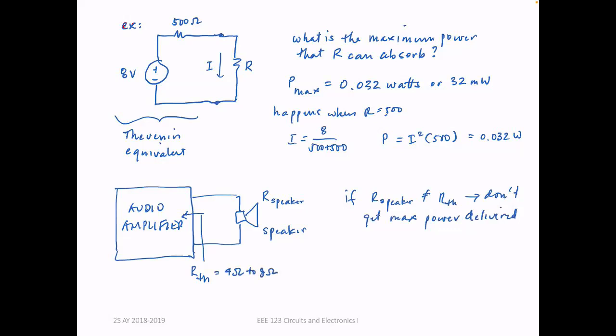So the speaker you connect should also be 4 ohms to 8 ohms. If you connect your headset here, you'll probably hear almost nothing from it, because your headset has a very high resistance. If it is a very high resistance, then you're not going to get any appreciable power delivered to it, and you're not going to hear anything.